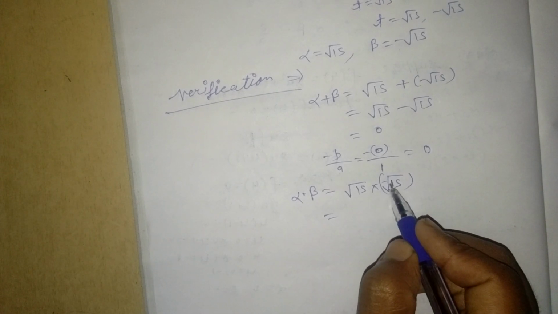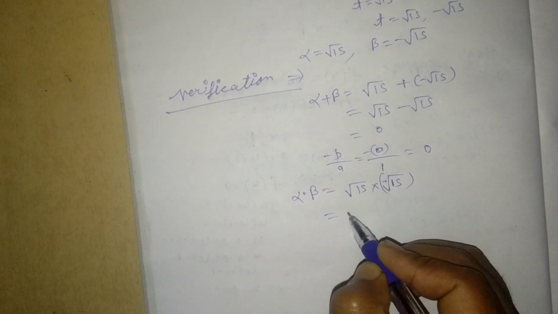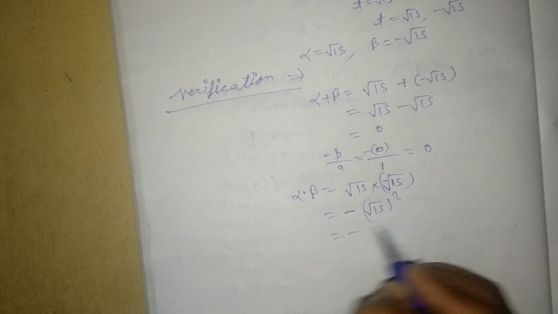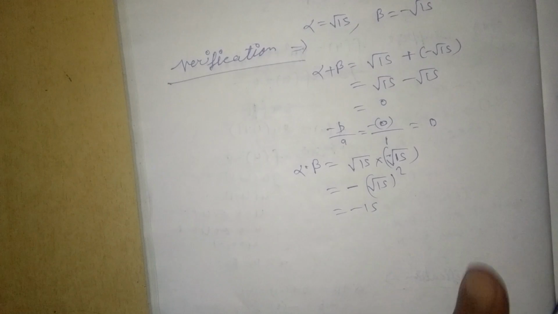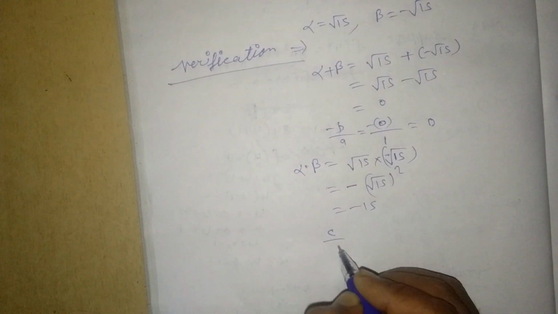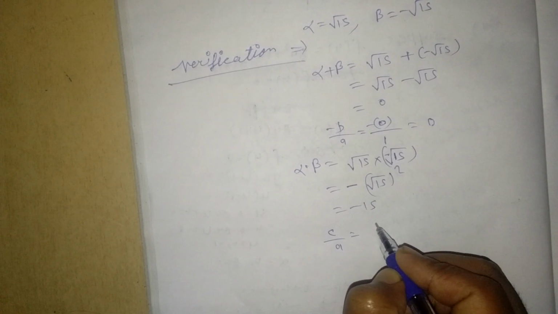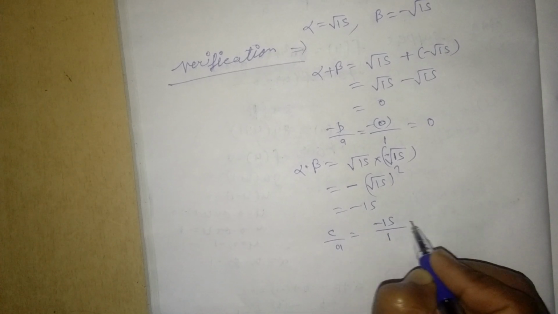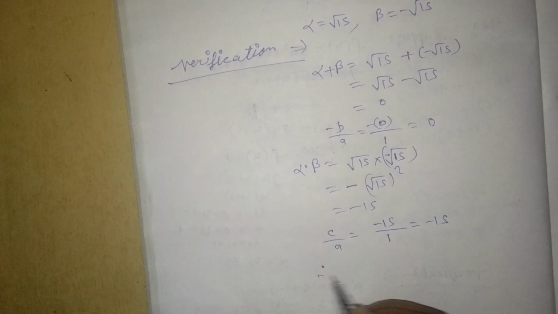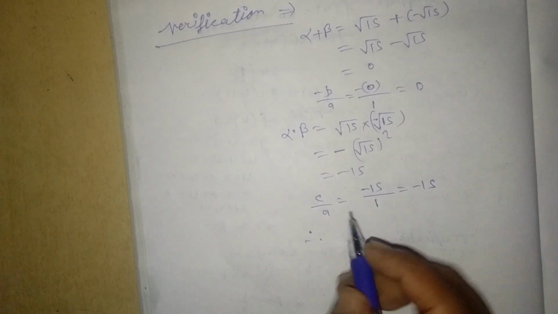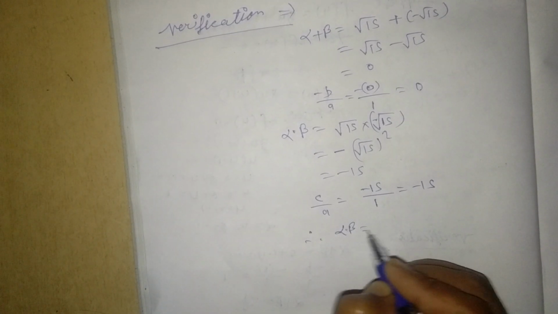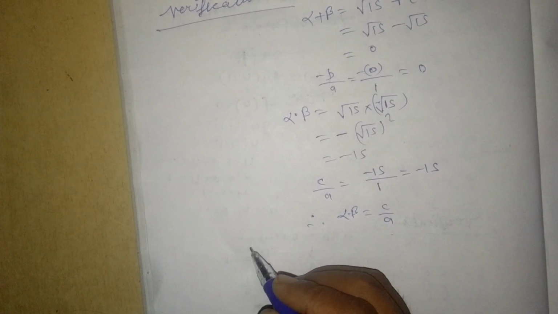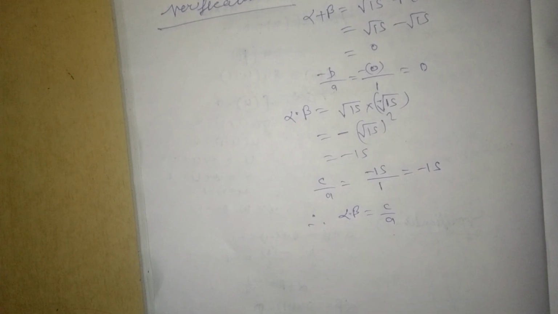So when you multiply minus, here you will get minus, and minus 15 minus square, so it will be minus 15. Okay, now c upon a is equal to, the value of c is minus 15 upon the value of a, which is 1, so you will get minus 15. Therefore the second condition is also verified, alpha beta is equal to c upon a. Okay, so our fifth question is also completed.